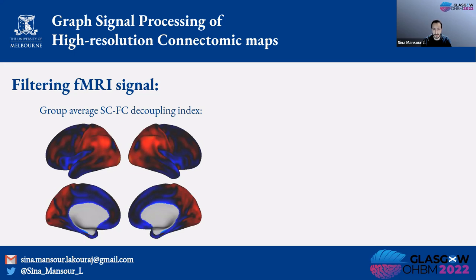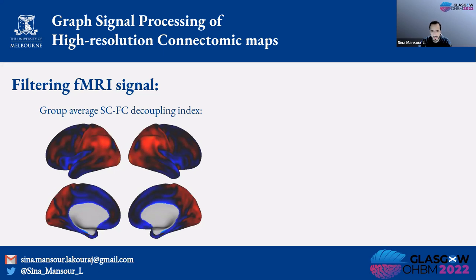Regions in red highlight regions that are increasingly coupled. These are regions where we see increased coupling between structural and functional connectivity, so the BOLD signal follows closely the underlying structural connectivity topology.